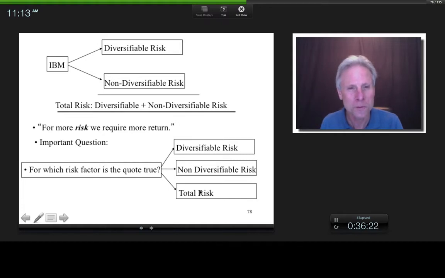It's not, right? Because we defined total as being the sum of these two guys. So now what we know is, when it comes to that pricing sentence, for more non-diversifiable risk, we require more return. I'll talk a little bit more about that in a second.